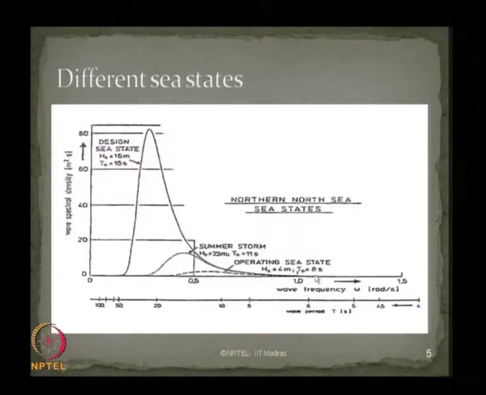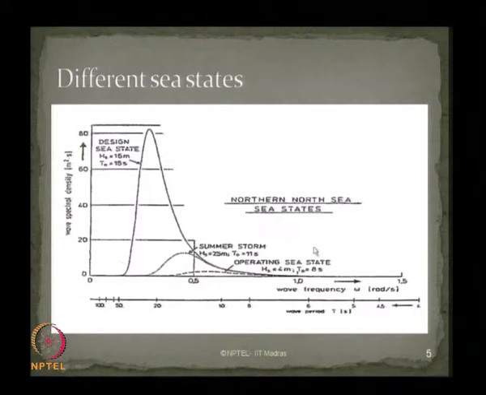And of course, the operational sea state in the northern North Sea, which has HS as 4 meters and TZ as 8 seconds, looks like this on the same scale. So, there are different sea states varying from 15 meters 15 seconds, 7.5 meters 11 seconds, to 4 meters 8 seconds in the northern North Sea, which has been shown here.